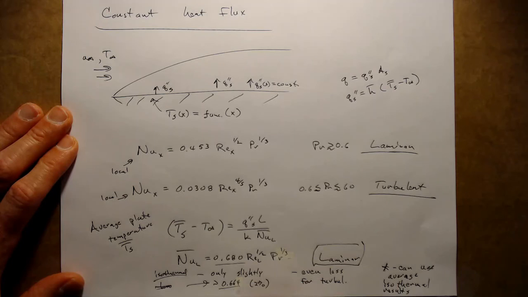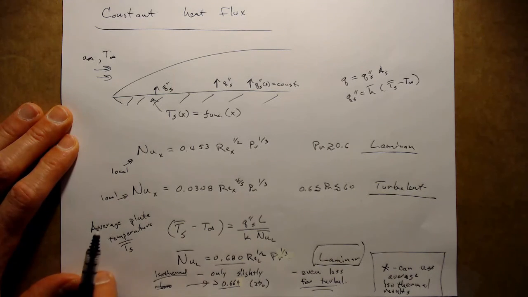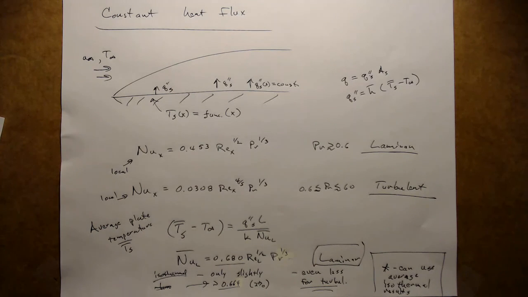We remember for the isothermal average, we got a value of 0.664. So this is only about 2% larger. It turns out for the turbulent case, this difference is even smaller. So the upshot of this is that it's okay to use the average isothermal results in determining this average surface temperature.